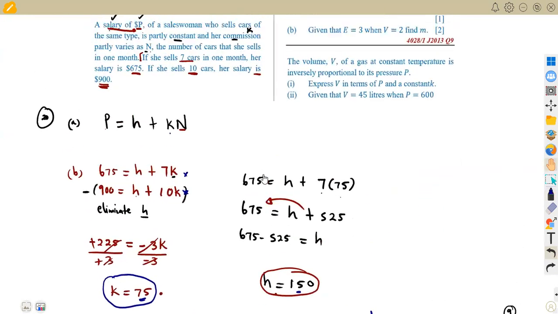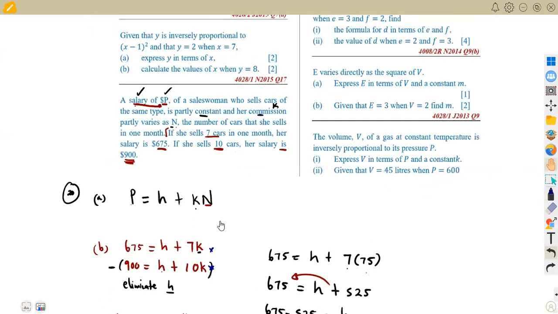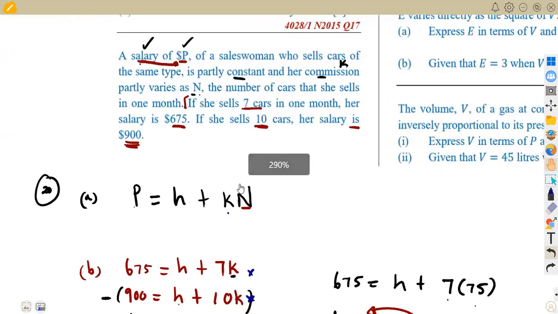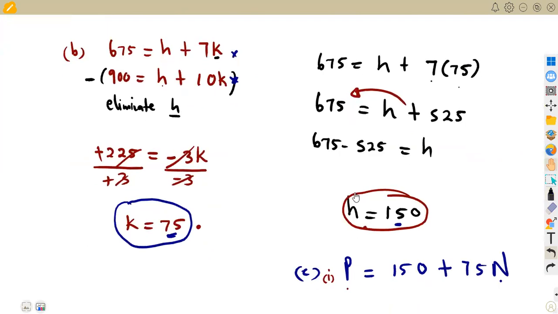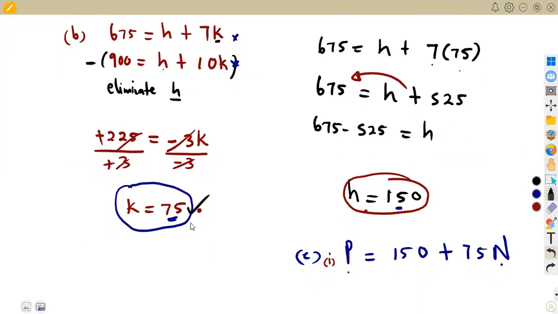Remember, when we did our calculations, we were given that her commission partly varies as N, and I said that commission is a constant, which is represented as K. So wherever we see the value of K, the constant that we calculated here, it's 75. That's the commission that we have there, because K is representing the commission.